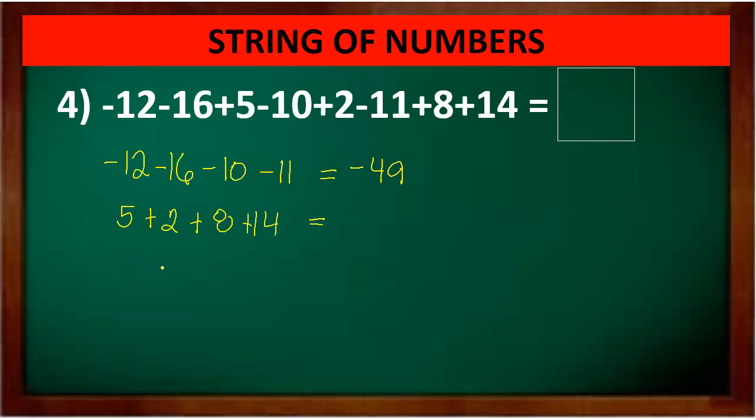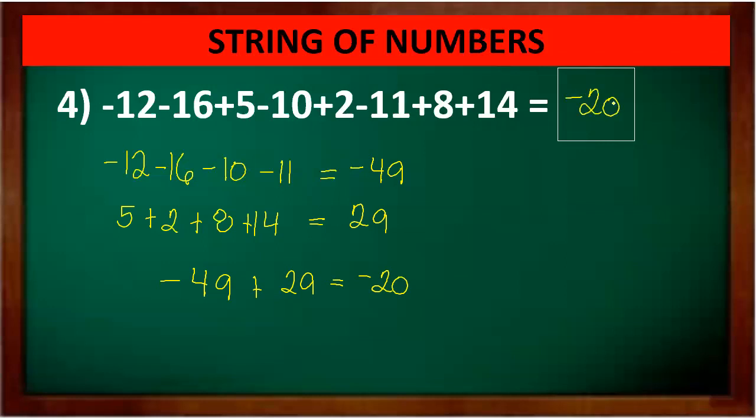Okay, so 5 plus 2 is equals to 7, plus 8, that is 15. 15 plus 14, that is equals to 29. So let's solve. Minus 49 plus 29. Unlike sign, proceed to subtraction and carry the sign of the bigger number. Okay, so 49 minus 29 is 20. Since 49 is bigger than 29, you carry the sign of 49, which is negative. So therefore, ang answer natin dito is negative 20.